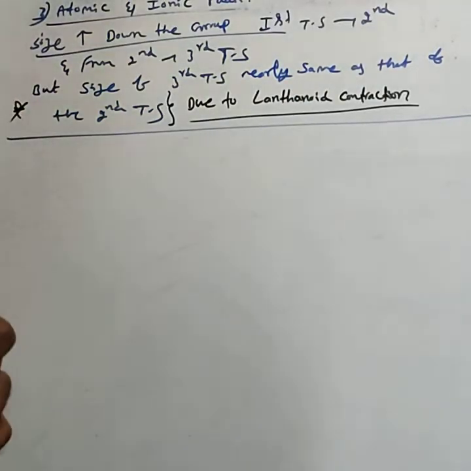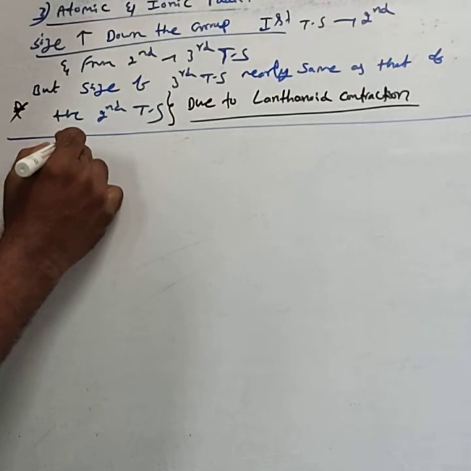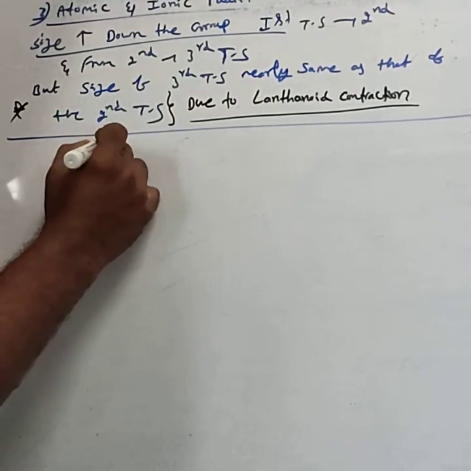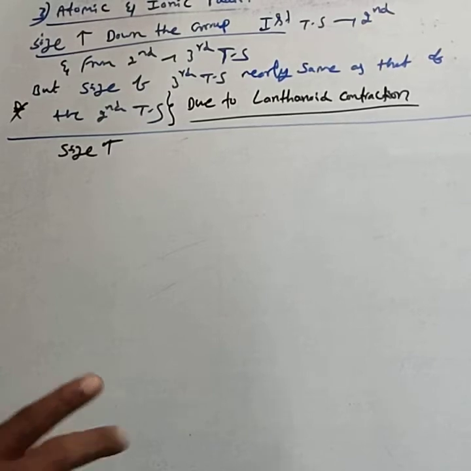One more point: what is lanthanide contraction? Atomic and ionic radii change with increase in the atomic number across the lanthanides.